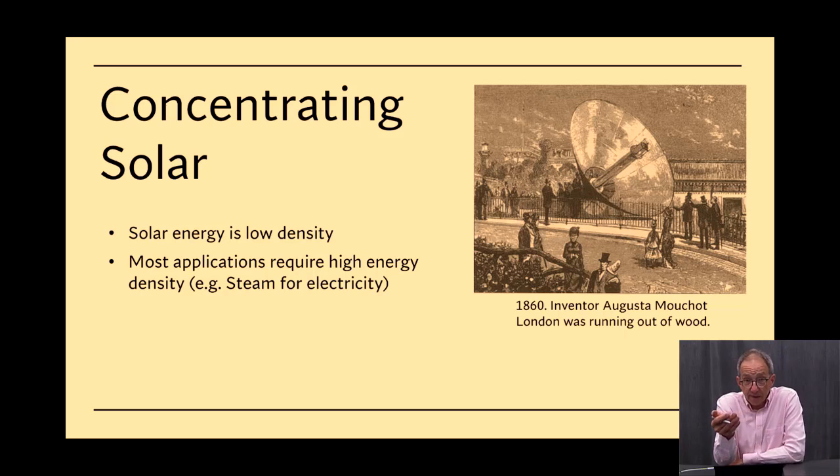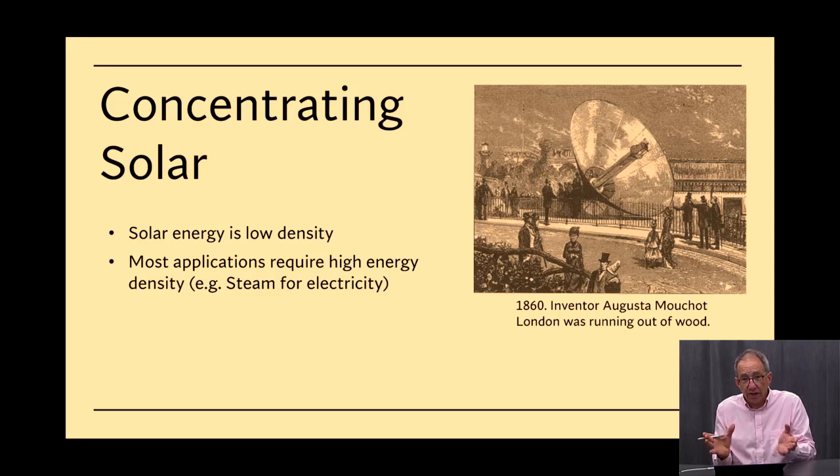Taking it a next step further, we can do concentrated solar. So concentrated solar is taking solar energy, and we know that it's 1,000 watts per square meter, so not super dense. Can we focus it down into an area where we get more beneficial energy? When I talk about more beneficial energy, a lot of the things we need, electricity, we need to have it really hot so we can make steam to generate electricity.